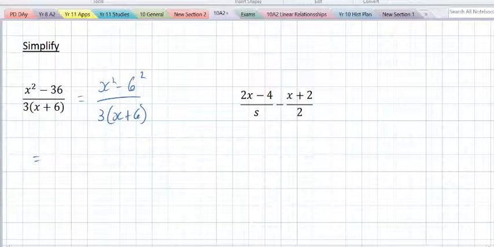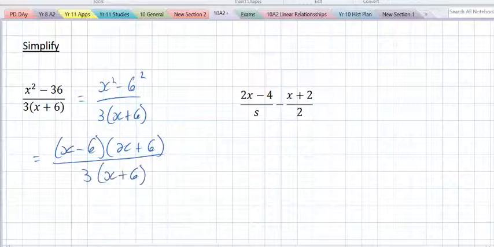Now, if you've got x squared take 6 squared, how do we factorise that? x take 6, bracket x plus 6, all over 3 lots of x plus 6. And then you can cancel them out. Good. The reason we factorised is because now we have an x plus 6 on both top and bottom.